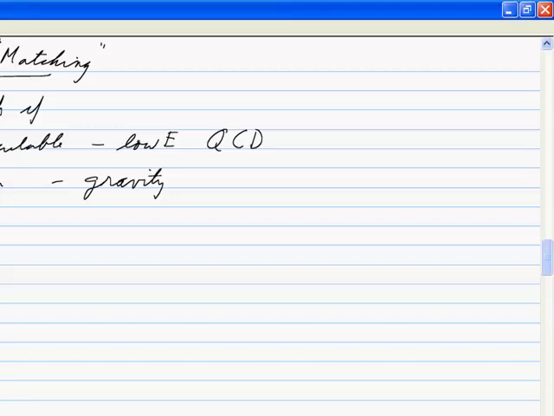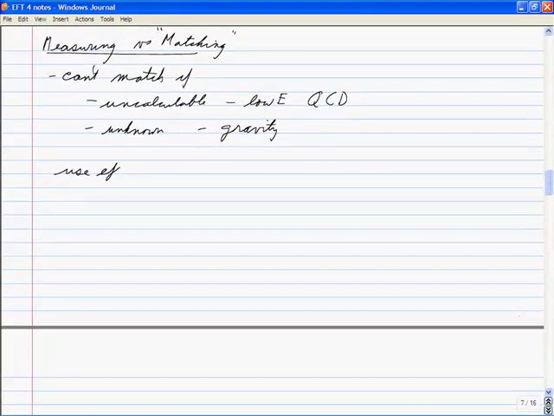But if you can't match, you still use effective Lagrangians, and you can still do loops, and you still renormalize. But instead of matching to the full theory, you measure the parameters instead.